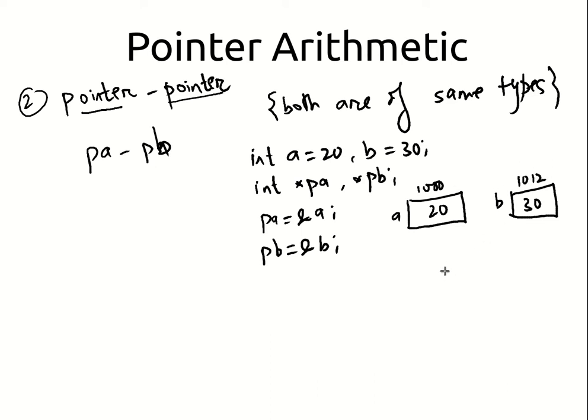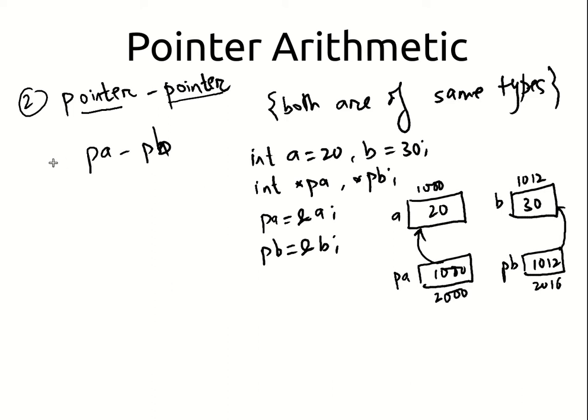So this is a randomly allocated address by the compiler. And pa is having the address of a, so it will have 1000. So pa is pointing to a. pb is a pointer which is having the address of b, that is 1012. So pb is pointing to b. Let the address of pa be maybe 2000 and pb 2016, for example.